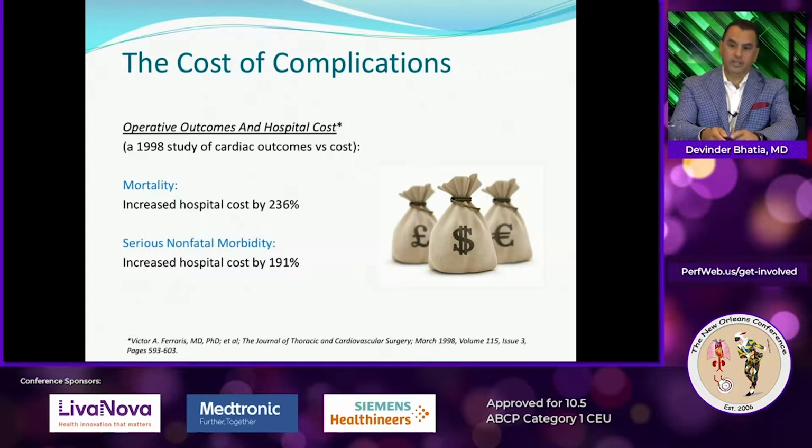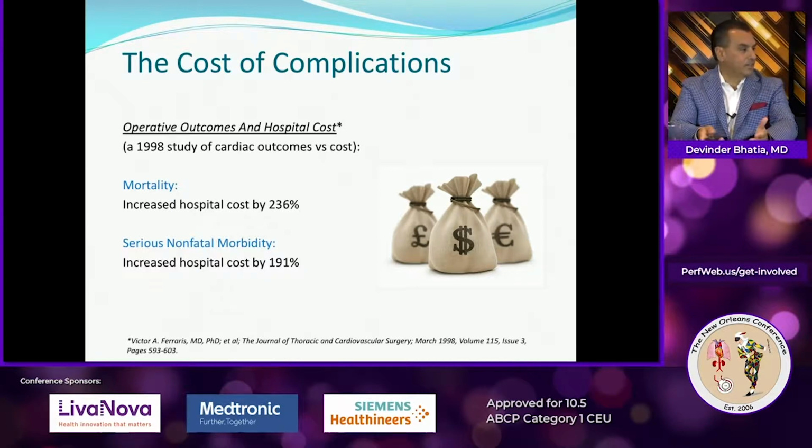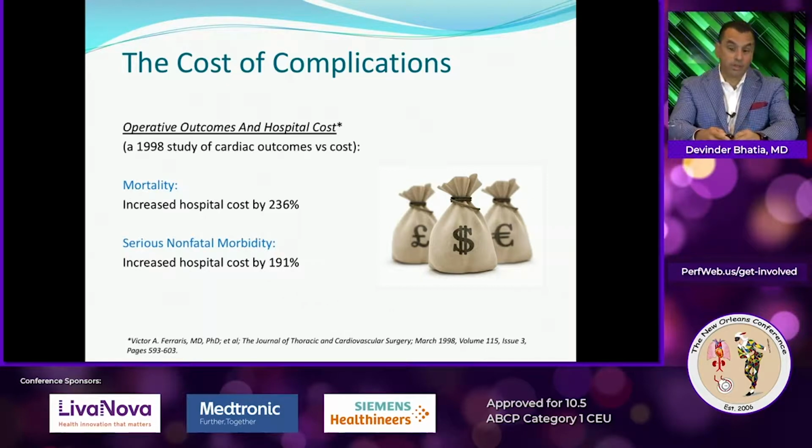With increased hospital mortality, a patient that does not make it, the hospital costs go up 236%. And we know why. Because for these people, we throw the kitchen sink at them and we do everything we can to try to save them. And that may take a week or two and they ultimately pass away. The cost goes up tremendously.